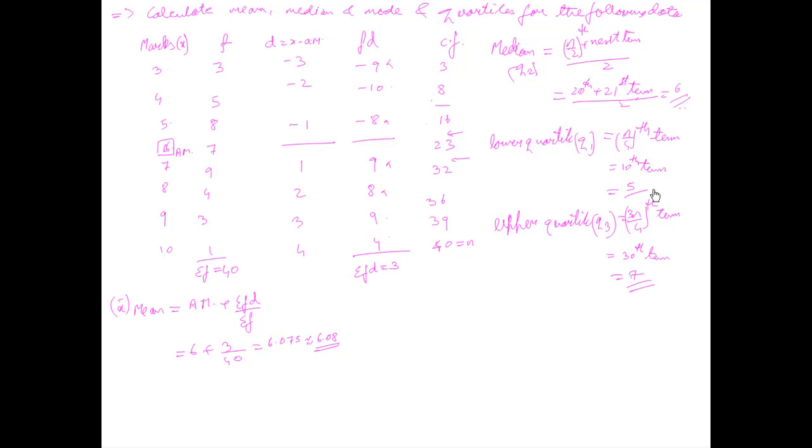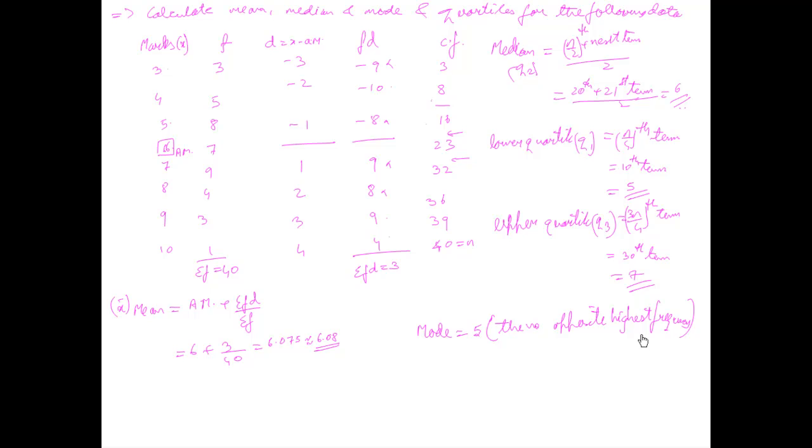That's your upper quartile. Lastly, children, mode. Mode is a number which has the highest frequency. The number which has the highest frequency here is 5. So mode is equal to 5, the number opposite the highest frequency, or the most occurring number, children, in this particular example.